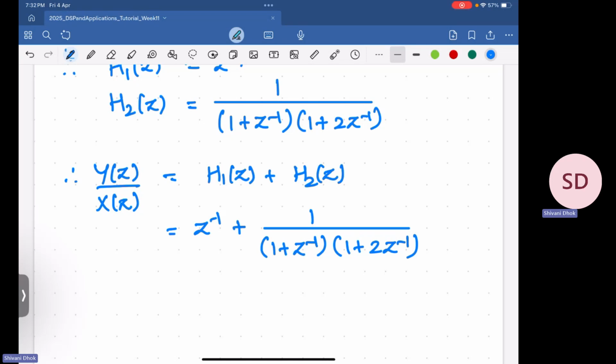Is it clear? Any questions till this point? This is the final answer for the system, for the value of y of z upon x of z. Is it clear?